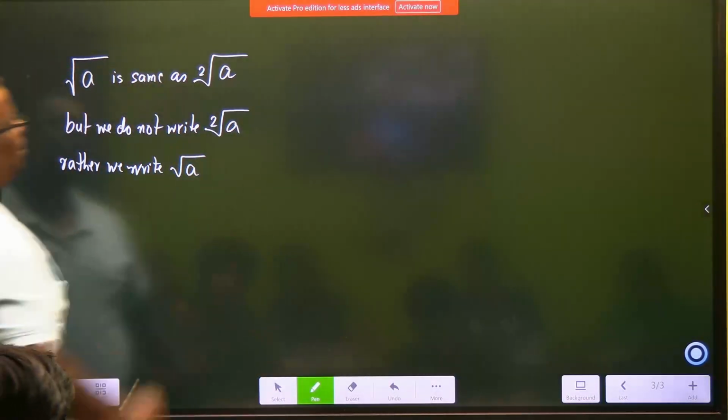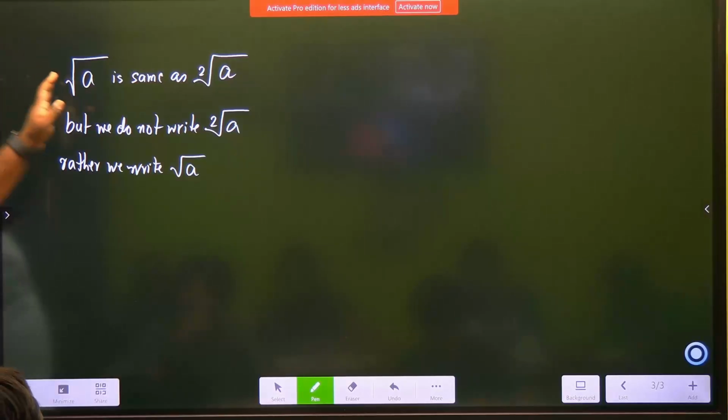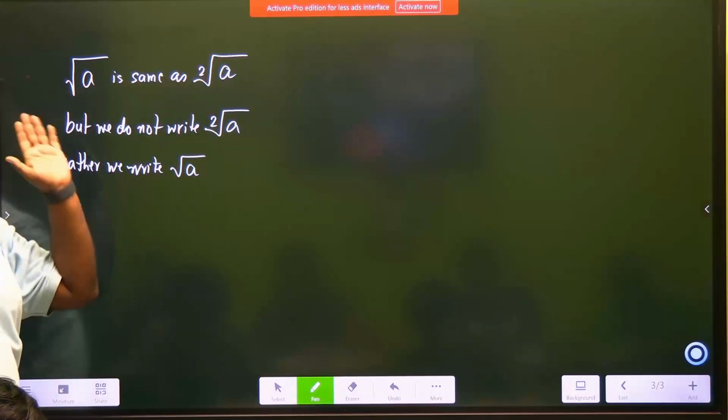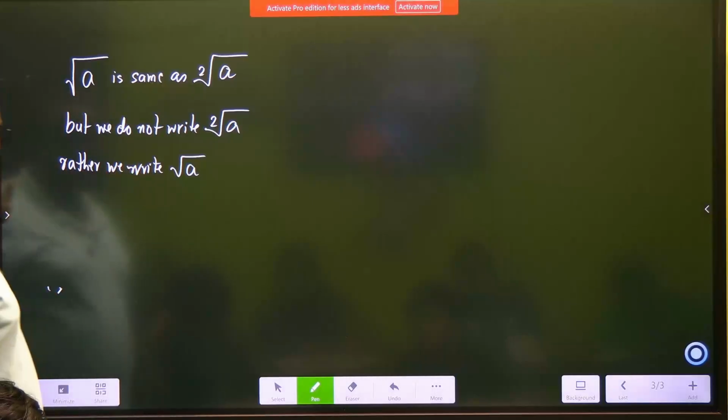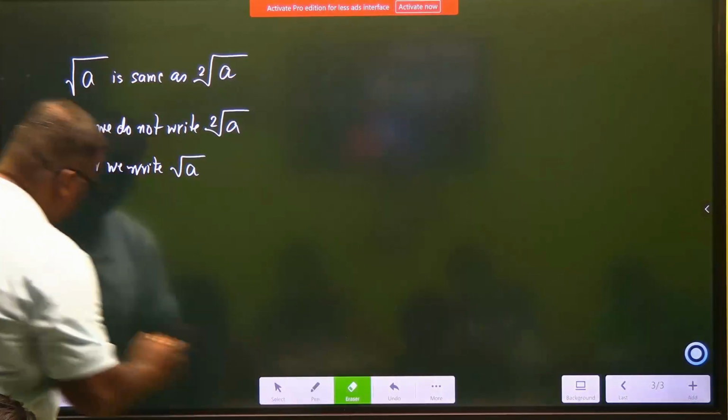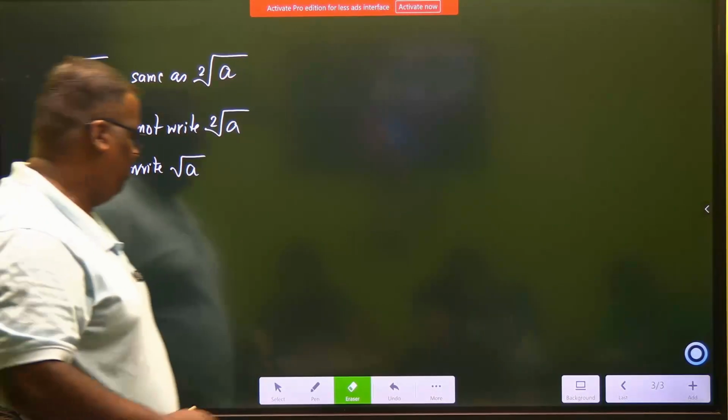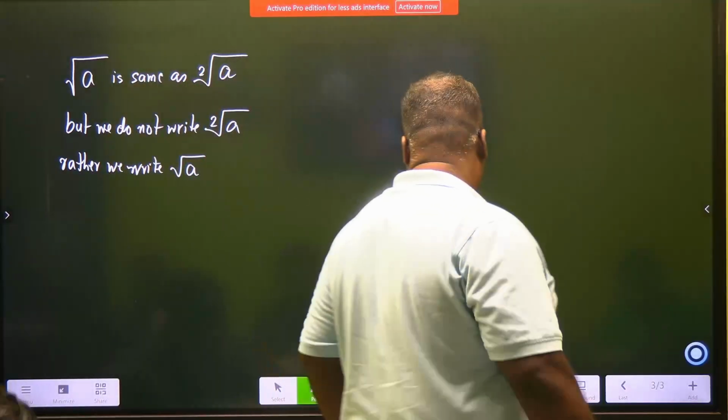Have you understood this? Square root of a is same as 2 root a, but we do not write 2 root a. Rather we write root of a. Is this clear?